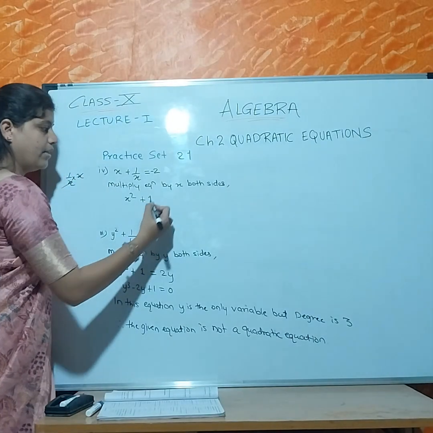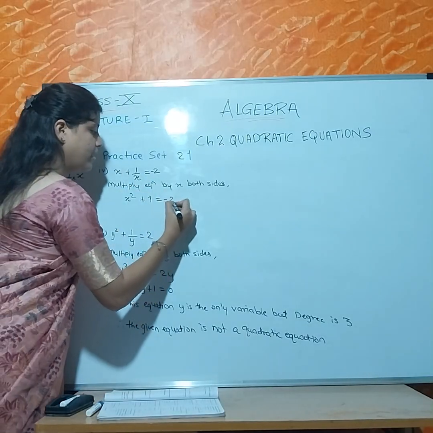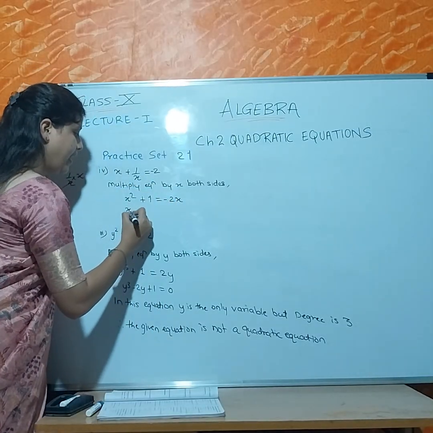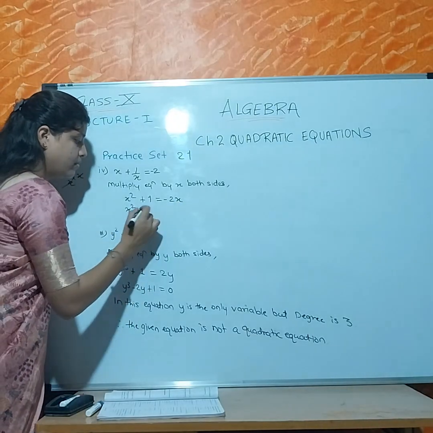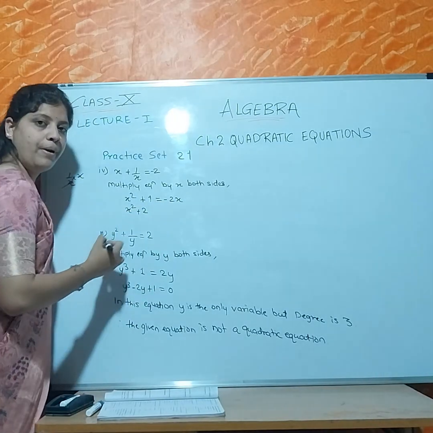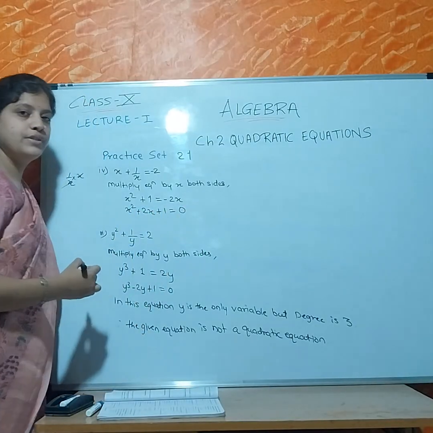What is remaining? 1 is equal to minus 2 into x, minus 2x. So we get x square, this minus 2x when it will go here, minus will be converted into plus 2x plus 1 is equal to 0.